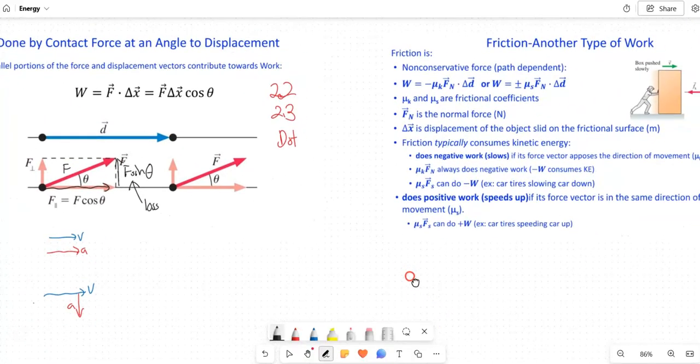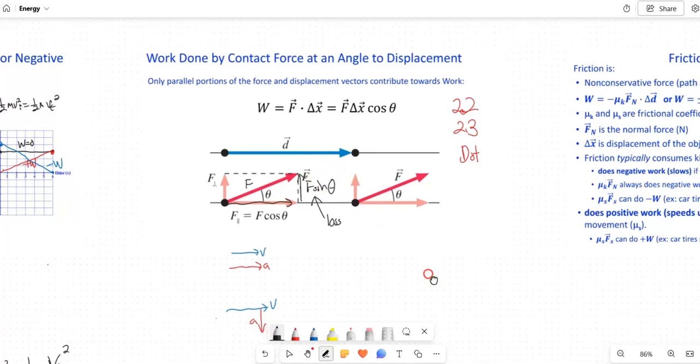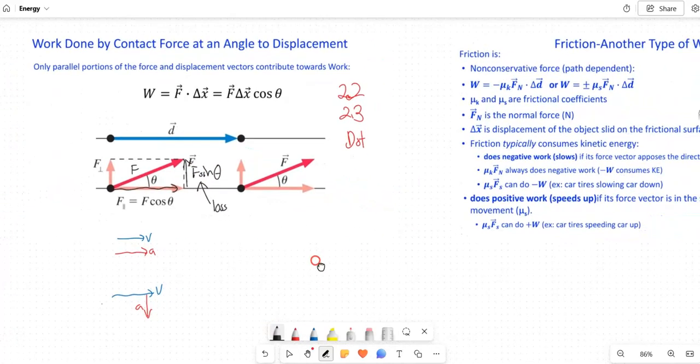Now, another type of contact: all contact forces, outside of spring forces, are considered non-conservative. So they can add energy to a system and they can take energy away from a system.